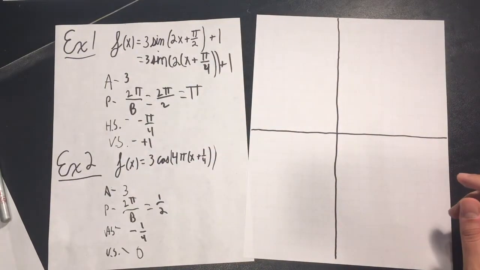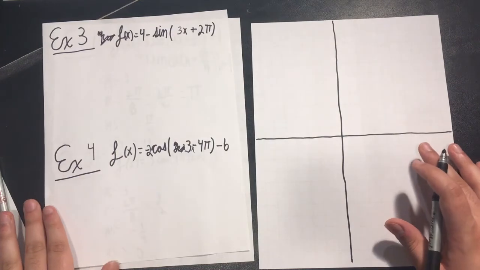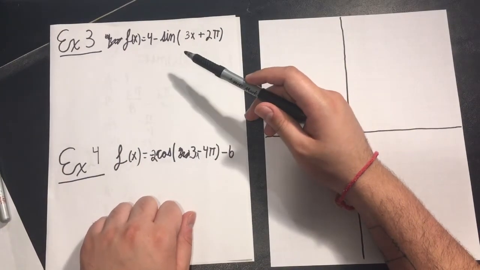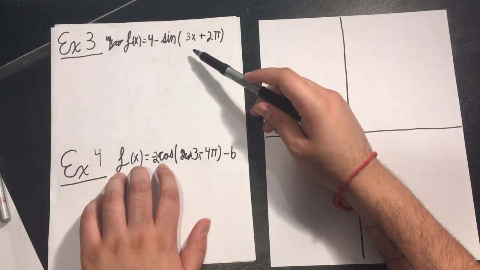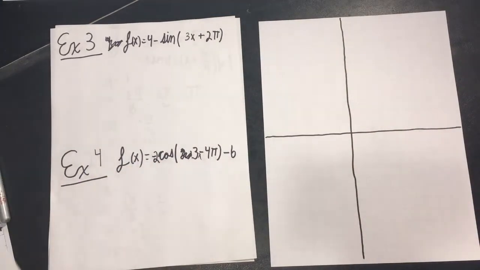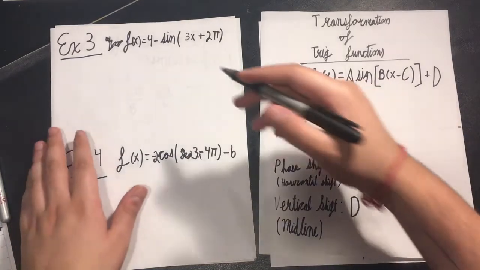Okay, so our next function, right here. Four minus sine of 3x plus 2 pi. Now let's get it into the form we want, something we're more comfortable with, easier seeing.